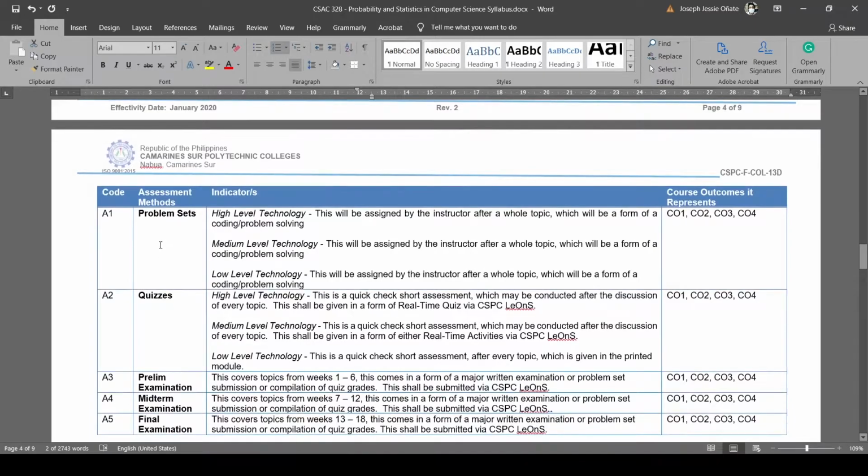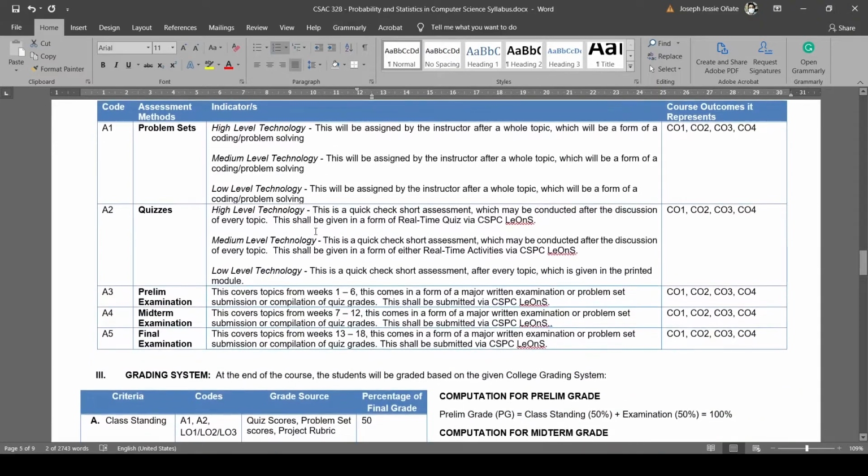For other requirements and assessment activities, we have the problem set. After every topic, a problem set will be given to you, either in the form of coding or problem solving. We also have quizzes. This is a quick-check short assessment which may be conducted after the discussion of every topic.